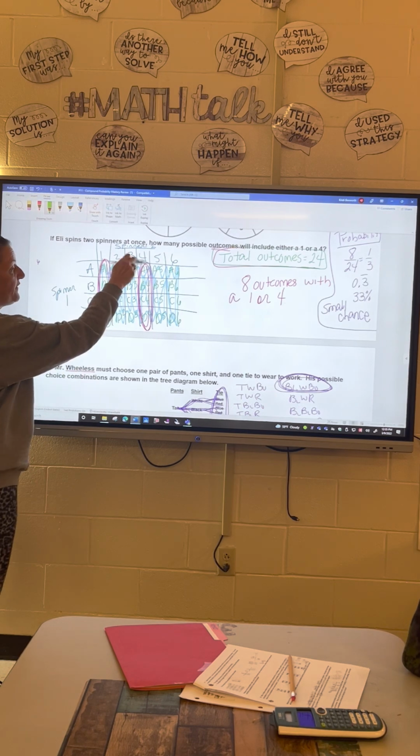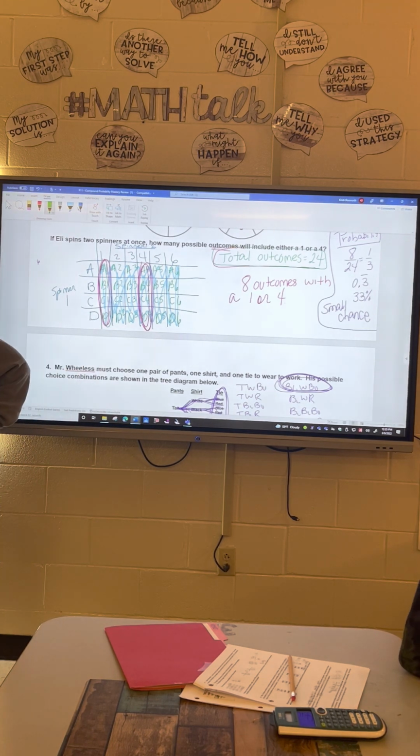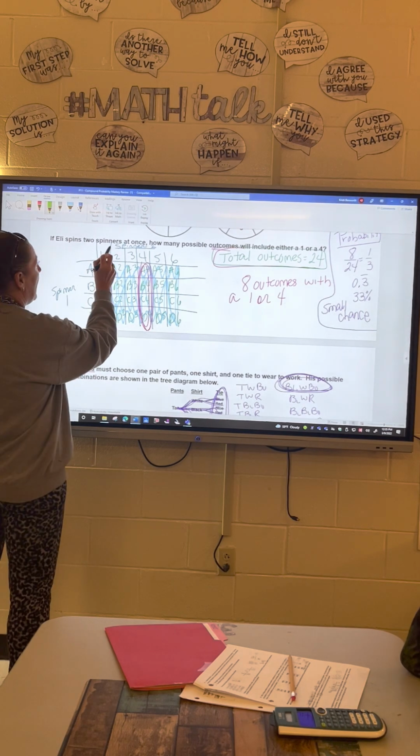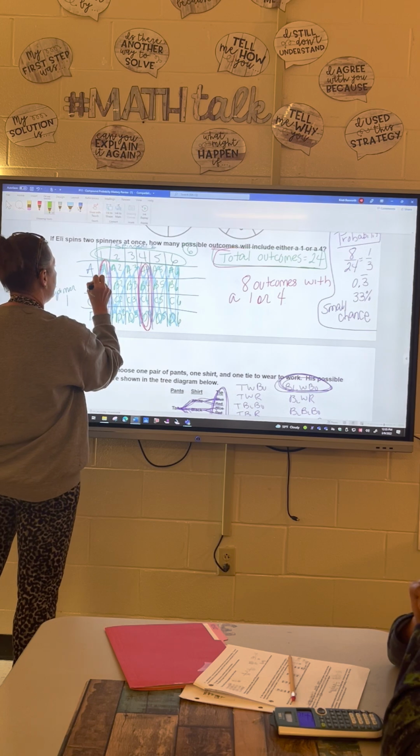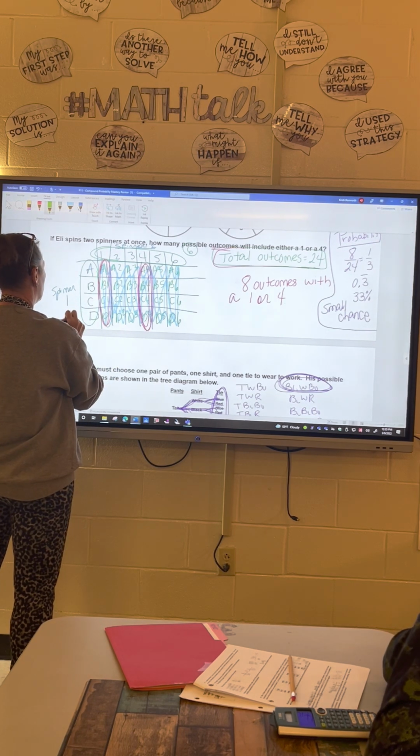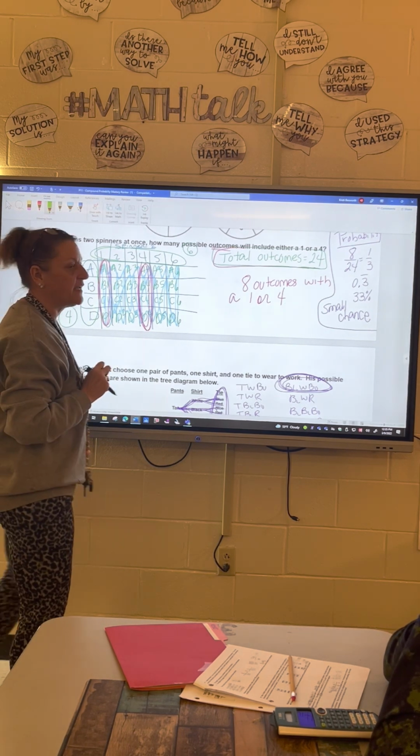We can count all of those things that are green, can't we? Or I can take this right here, which is 6, and this right here, which is 4, and multiply them together and get 24.